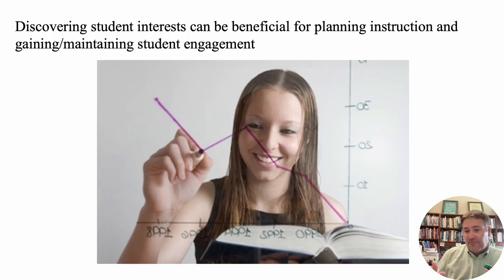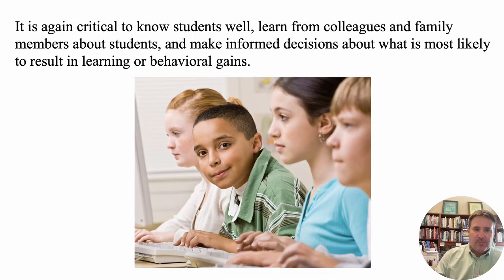And discovering student interests is often very beneficial for planning instruction, gaining and maintaining student engagement, because this will really help them. So if I know my students well, I learn about them from my colleagues, from family members that we work with, I'm going to be in a good position to make informed decisions about what they need to support their learning or behavioral goals.